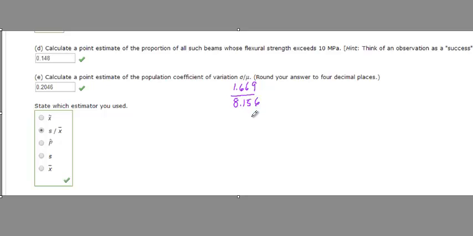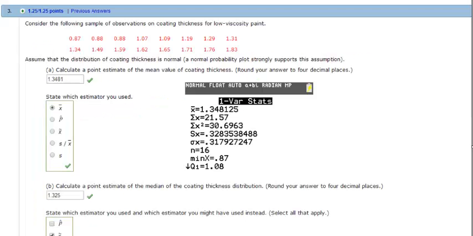And I just did that division, which was the estimate for each of those things. What I did was I used my TI-84 to do my one variable statistics, so I wouldn't have to do any of this by hand, once again, because I don't like to do anything by hand.